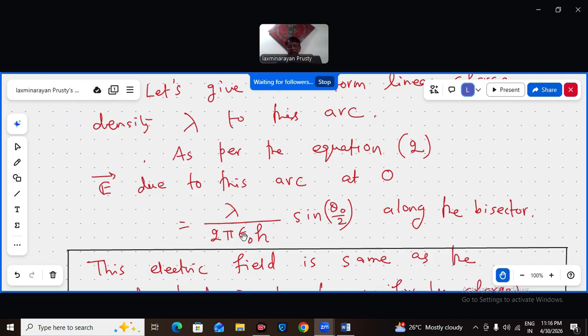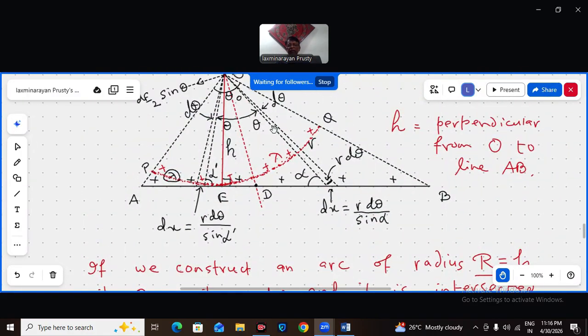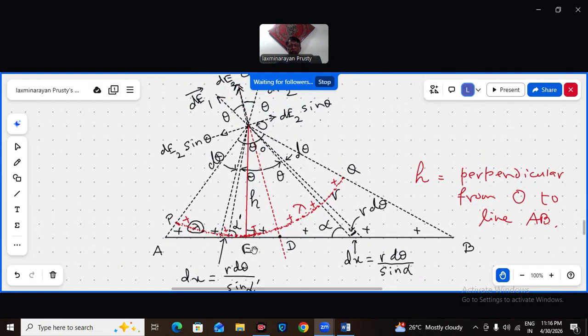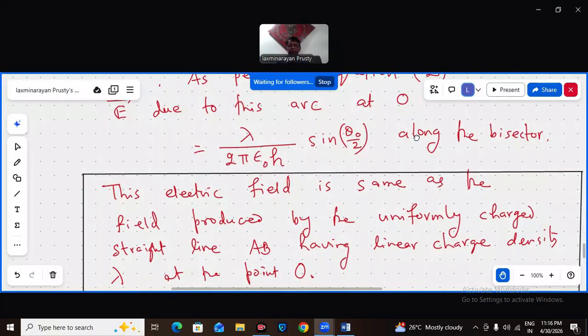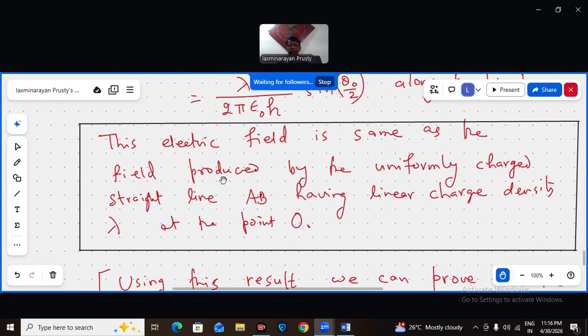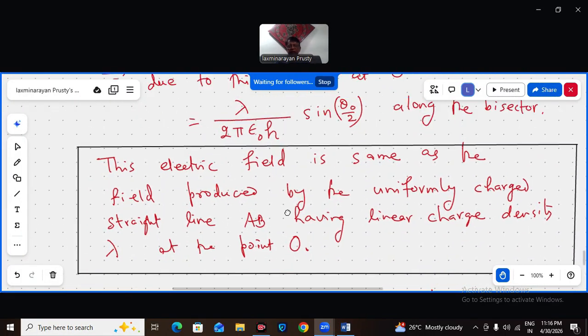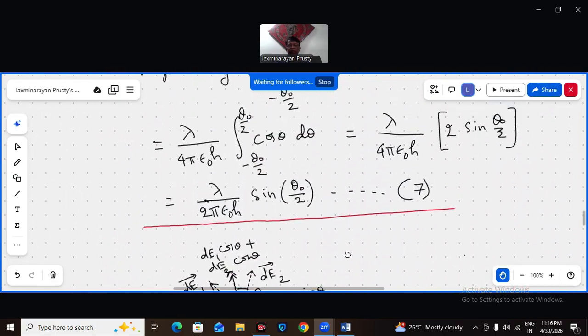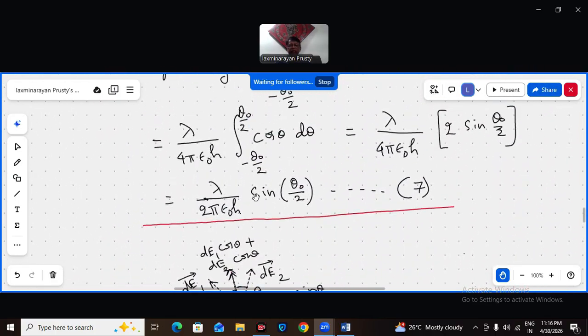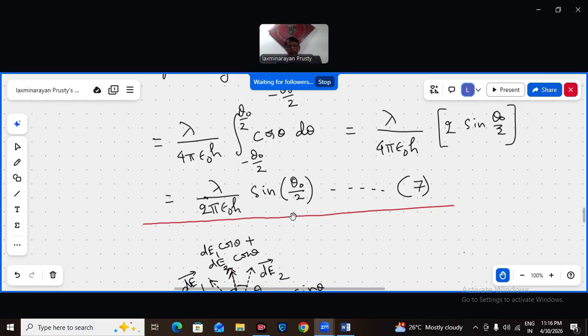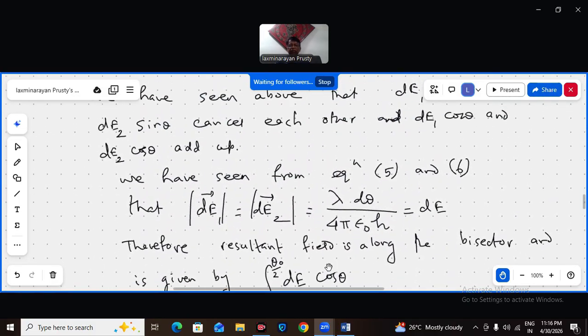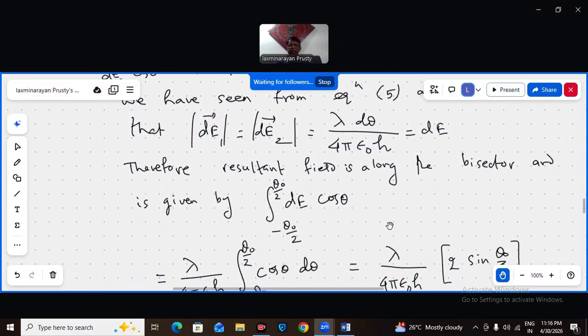Lambda by 2 pi epsilon 0, with h in place of r, sin theta naught by 2 along the bisector. And what is the electric field due to AB length of the line charge distribution? This electric field of the arc is the same as 2 lambda by 2 pi epsilon 0 h sin theta naught by 2. This is the field due to the line charge distribution. That is also along the bisector only. Yes or no? The resultant field is along the bisector and given by this.